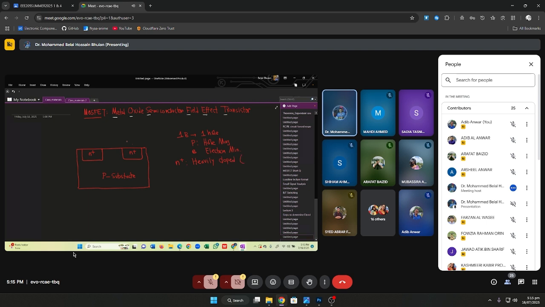A huge amount of phosphorus is added to increase the carrier concentration. Okay. So we have P substrate, and inside it I created two pockets.